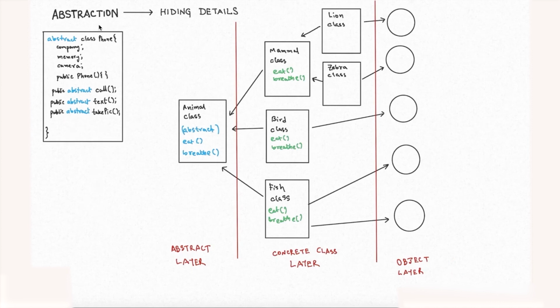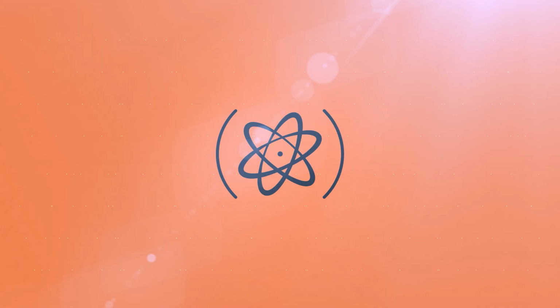And then they can follow this blueprint and create their own type of phone class. So concrete classes are blueprints for objects, and abstract classes are kind of blueprints or guidebooks for concrete classes. And that is the intuition behind abstraction.